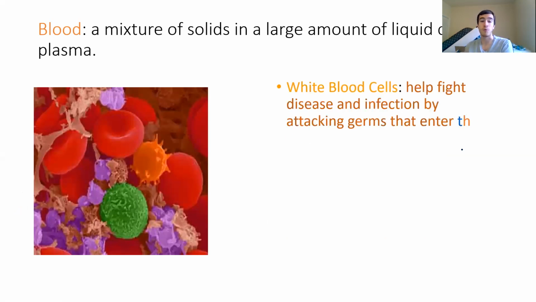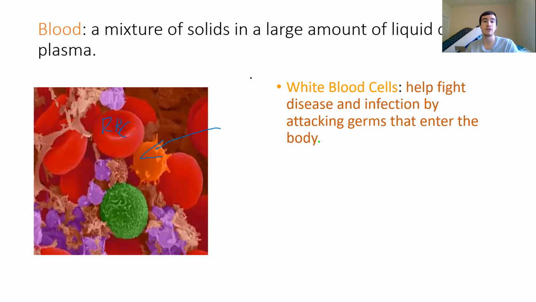We can also have white blood cells, which are kind of these orangey looking guys in this picture right here. So here's our red blood cells, pretty obvious, big red donut looking guys. White blood cells are the disease fighters in your body.